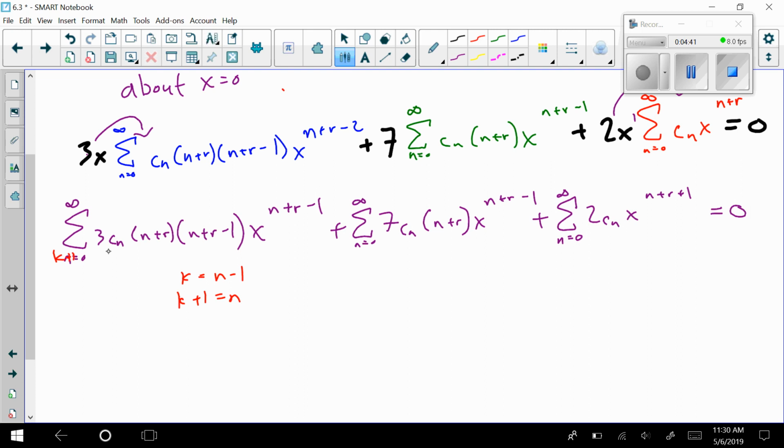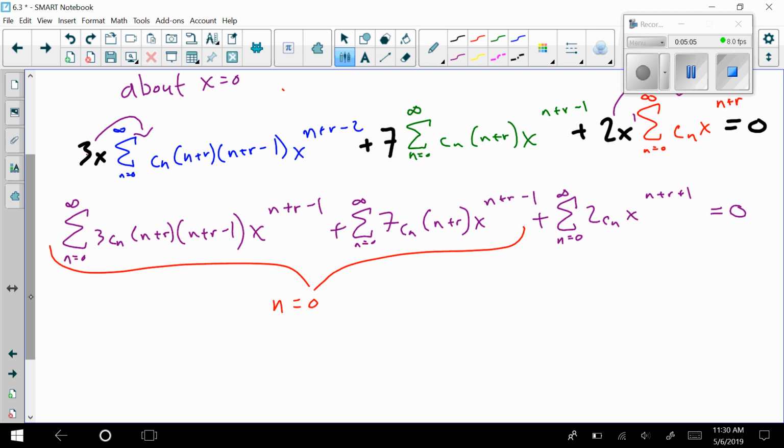That's a bad deal. I can't have that negative index, so how I alleviated it, just like in the last problem, was to simply calculate those n equals 0 terms, and that bumps the index up to 1.